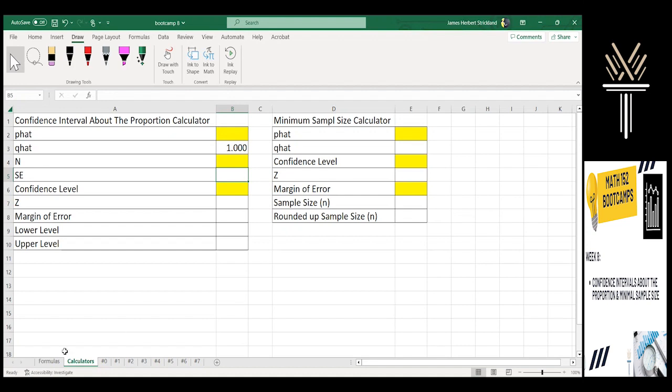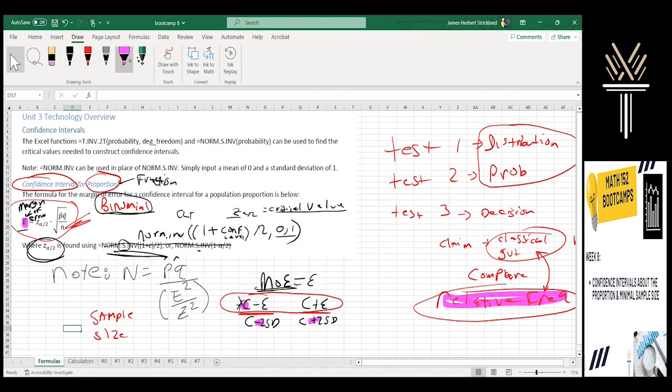Standard error for binomials or proportions is this part right here in purple. Because remember, margin of error by definition will always be your critical value times standard error. We know this Z is the critical value, as I mentioned earlier, so this must be standard error for a binomial.